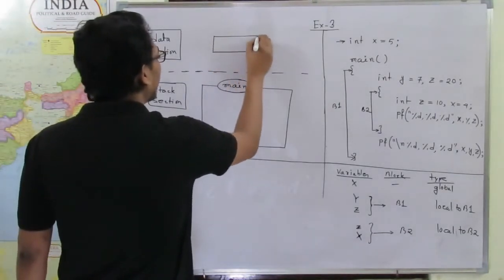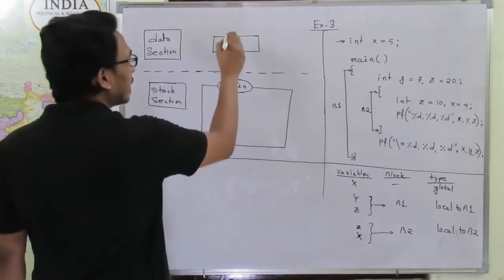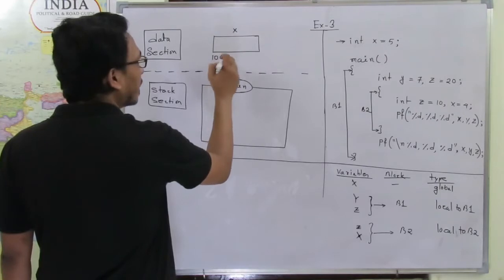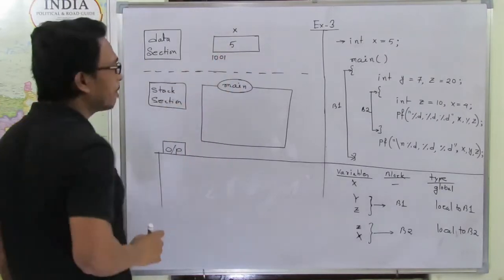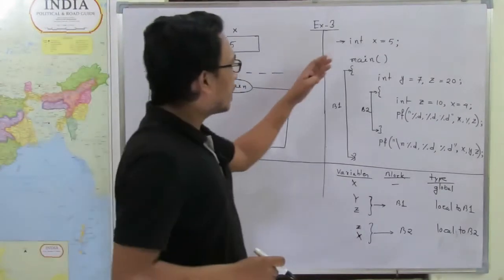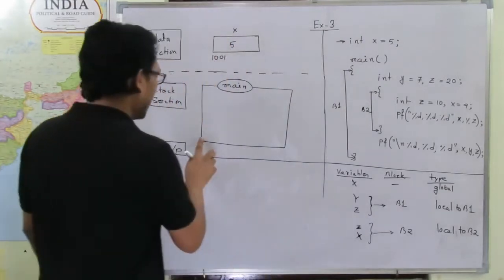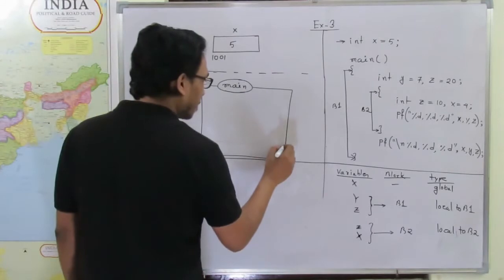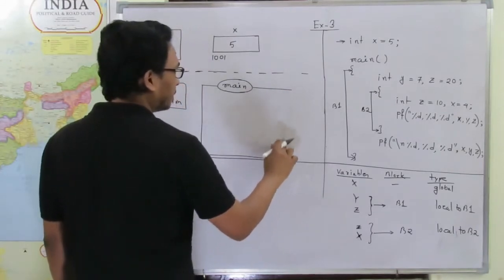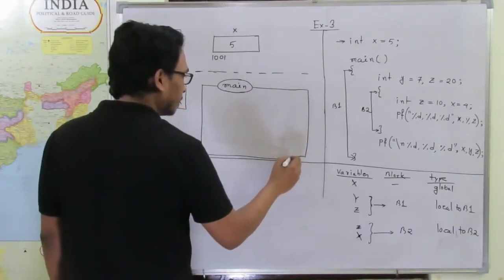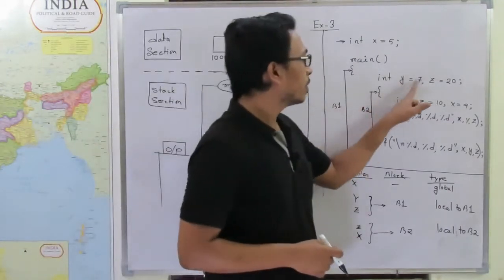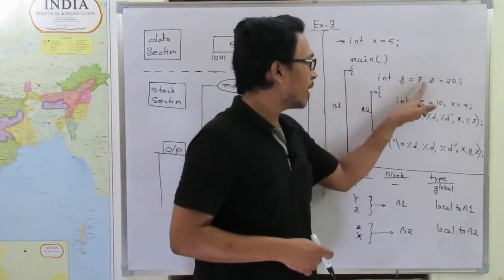So a 4-byte memory block is created for the variable x with base address 1001 and initialized with 5. Now the system enters the main block, and memory is created for the main block itself from the stack section. In this stack section, memory will be allocated for variables y and z.